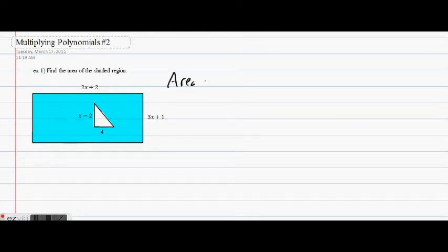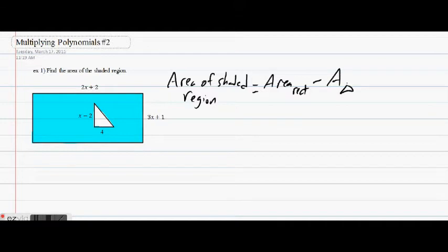So the area of the shaded region is going to be equal to the area of the rectangle minus the area of that triangle, and that would give us the area of the shaded region.